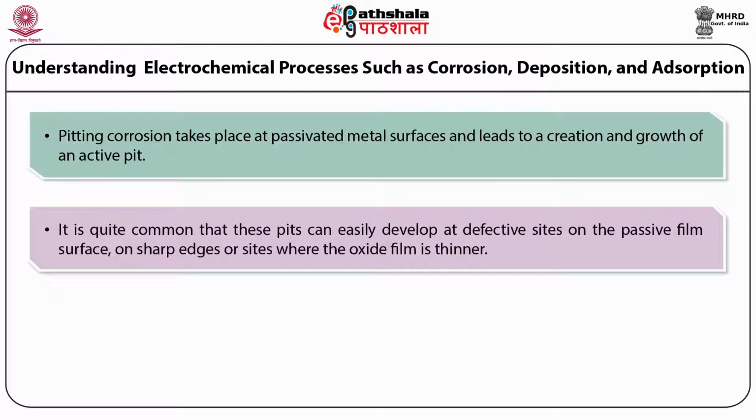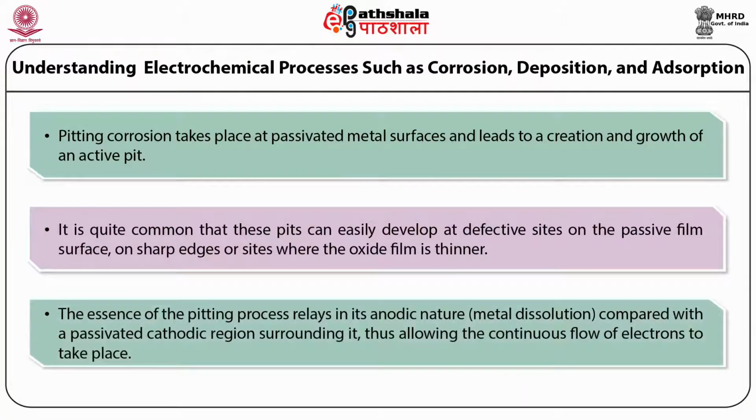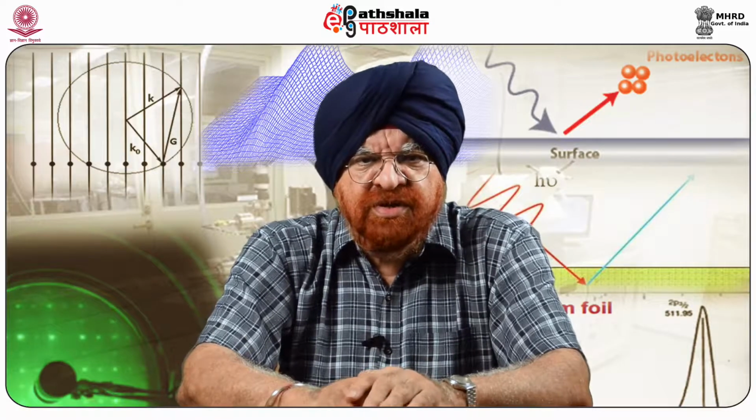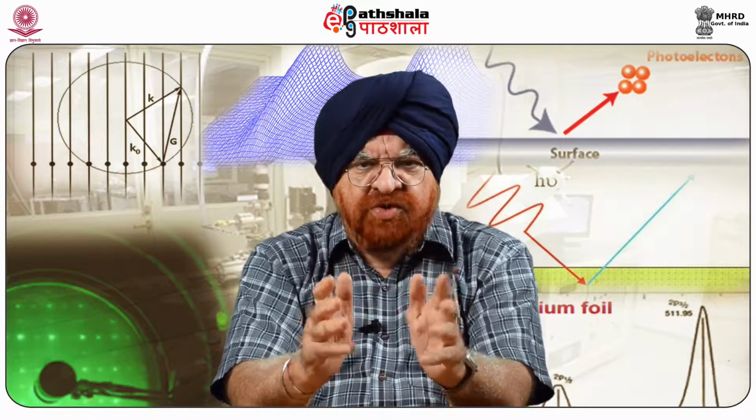It also forms on the sites where the oxide film is slightly damaged, and that leads to the formation of pits. The essence of the pitting process relies in its anodic nature, that is, the metal dissolution reaction, as compared with a passivated cathodic region surrounding this, thus allowing the continuous flow of electrons. The pit formation is depicted in the above figure, where peaks indicate the pitting corrosion.